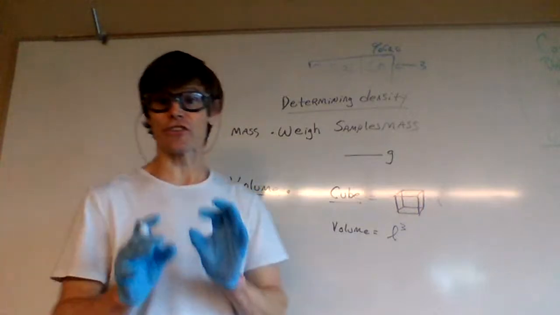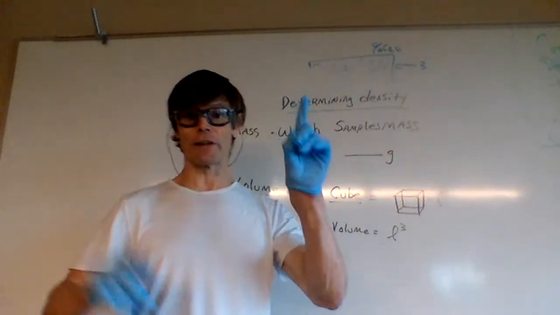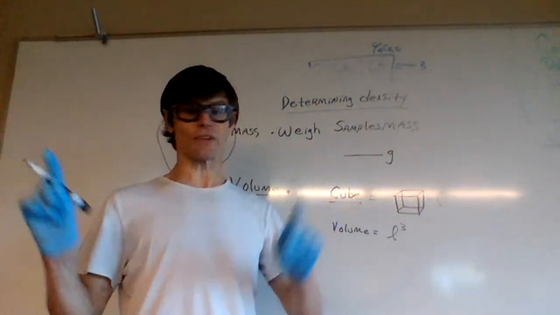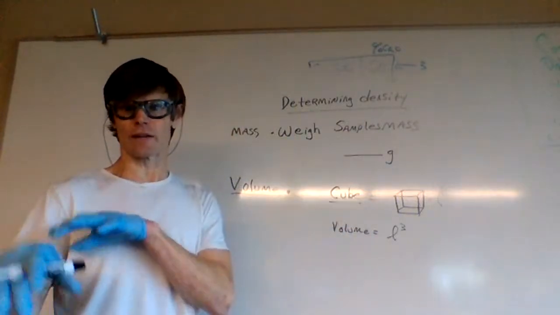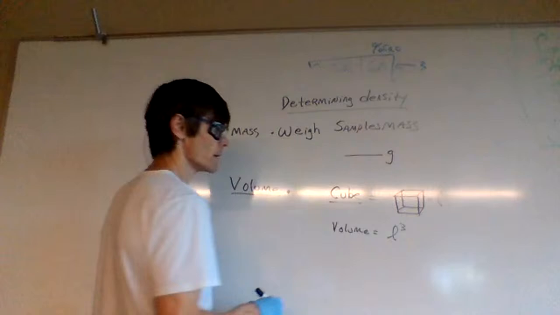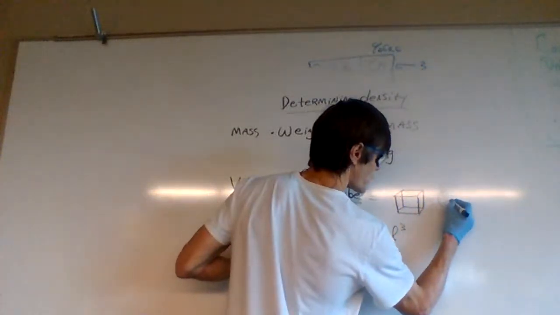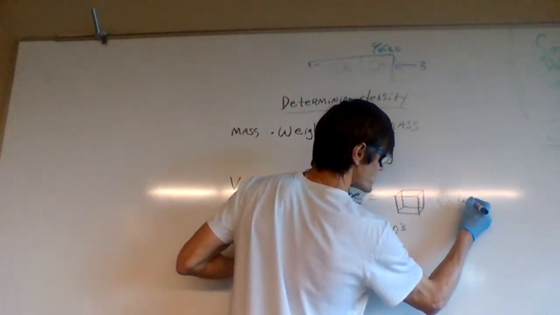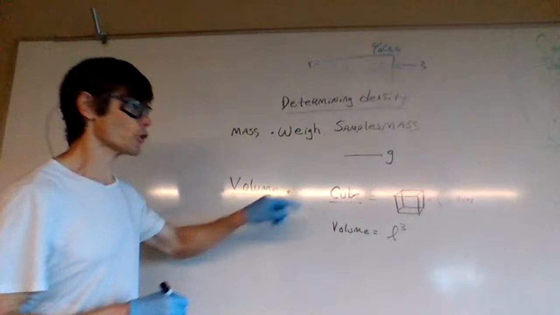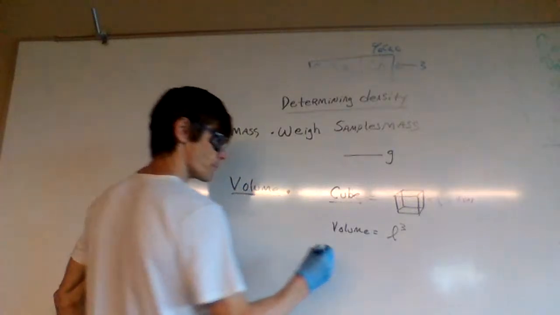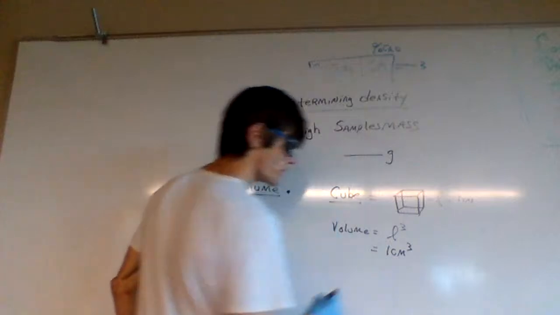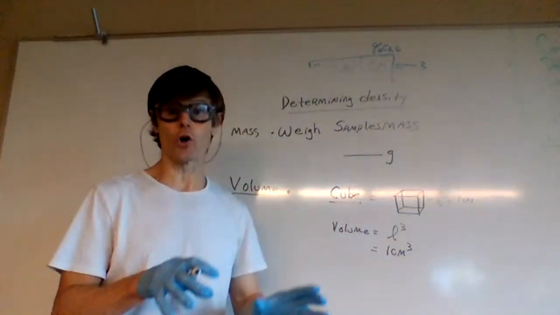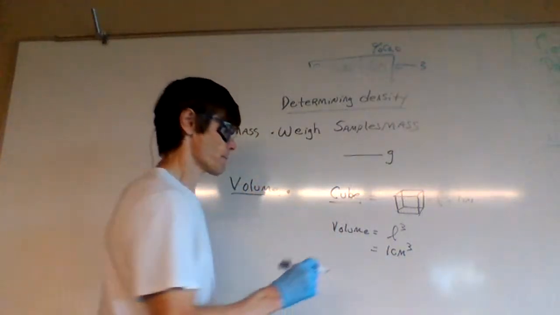So, remember what I said earlier? The volume 1 milliliter is equal to 1 cubic centimeter, and that's how we define the milliliter and get to our definition of the liter. If this cube has a side edge of 1 centimeter, then this cube has a volume of 1 cubic centimeter, and it also has a volume of 1 milliliter.